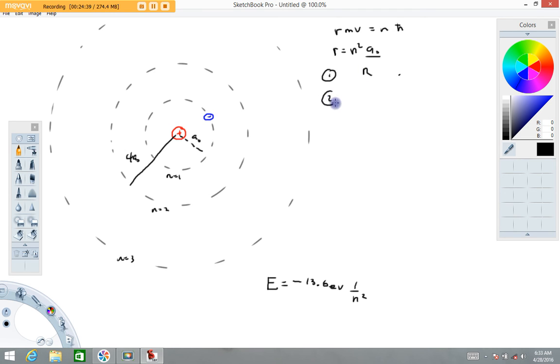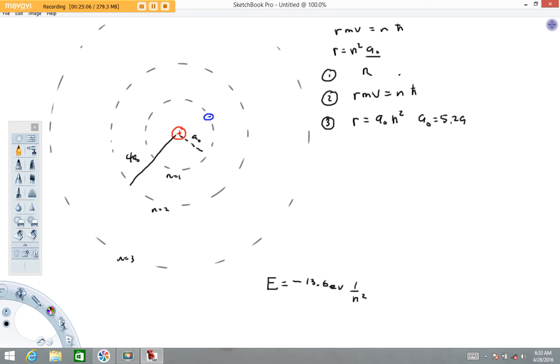Important thing number 2: the Bohr hypothesis. Angular momentum is quantized, rmv equals n h bar. We're not going to use this much for solving problems, but I do think it's important to fundamentally understand where it came from. Number 3: the allowed orbits for a hydrogen atom are equal to a sub o n squared, where again a sub o is 5.29 times 10 to the minus 10th meters.